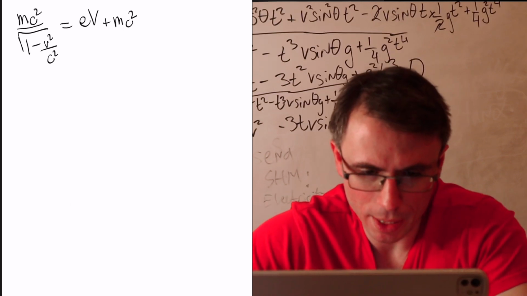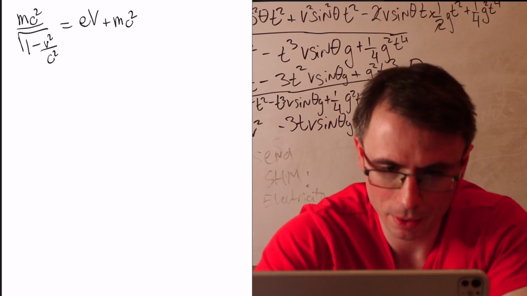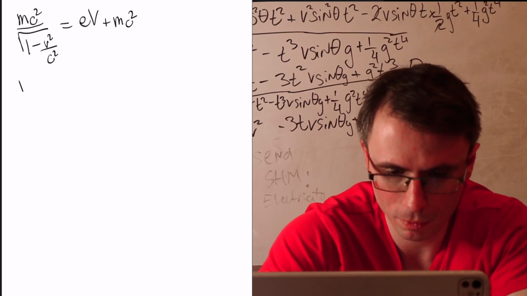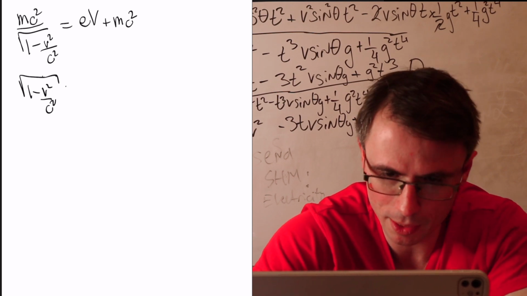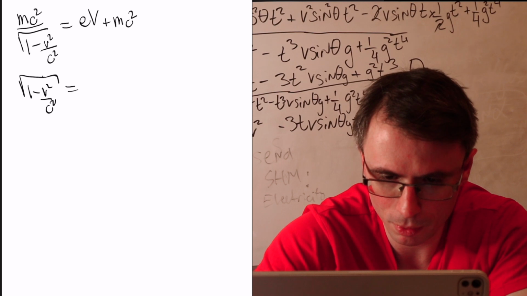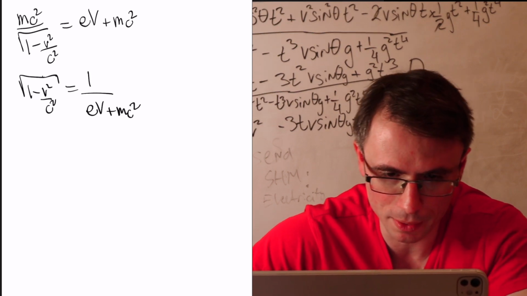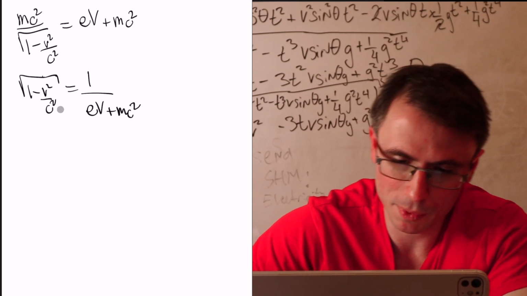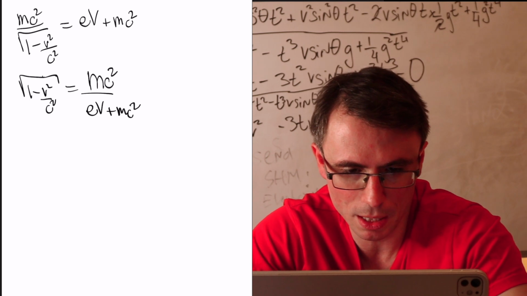Okay, I really want to isolate v, so I'm just going to flip this entire expression. So I'm going to go square root of 1 minus v squared over c squared is going to be equal to 1 over eV plus mc squared. Now this should have been divided by mc squared, so I'm just going to write a factor of mc squared up here.